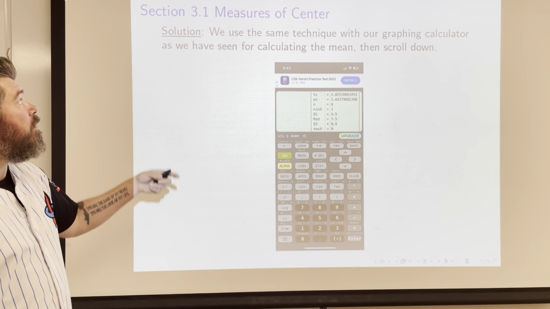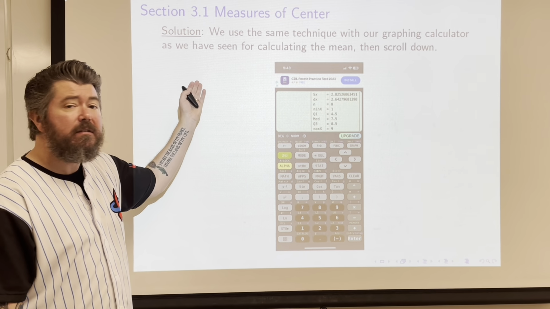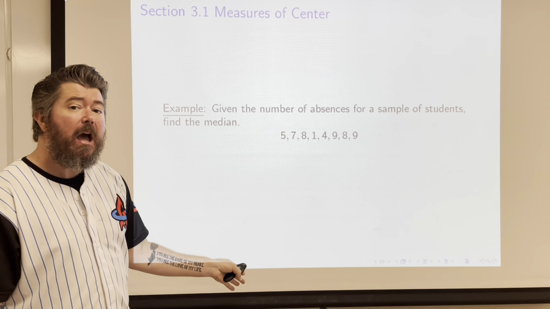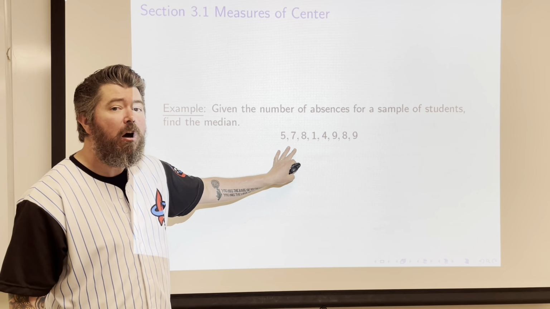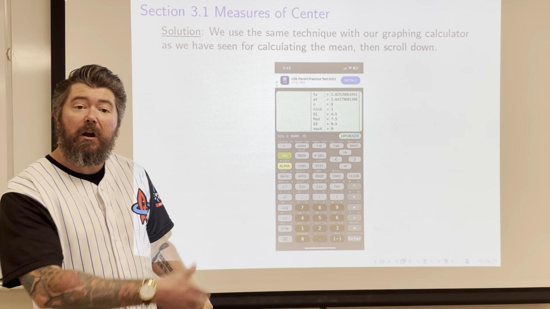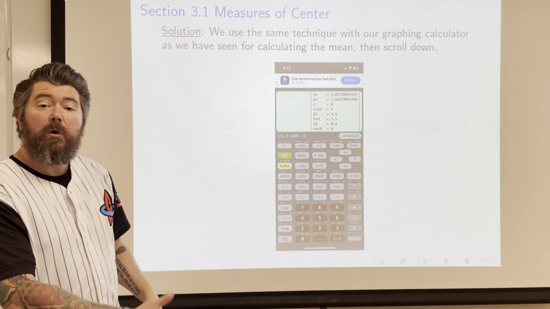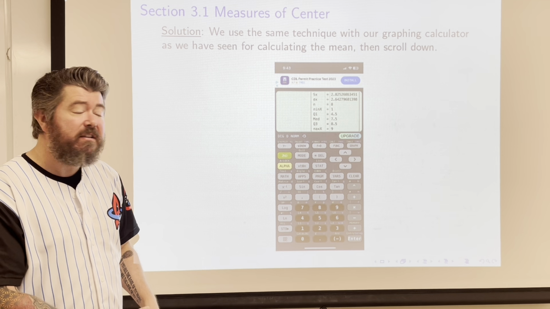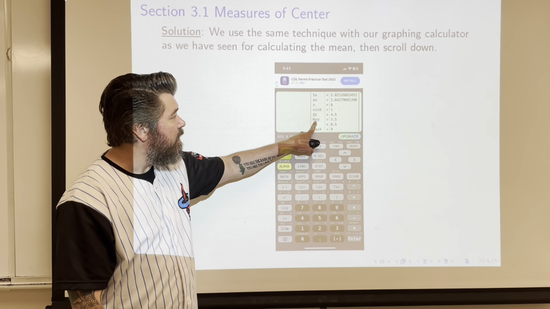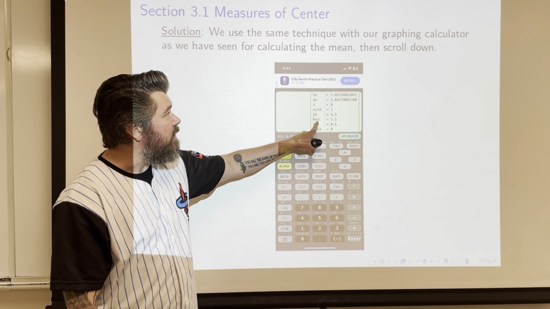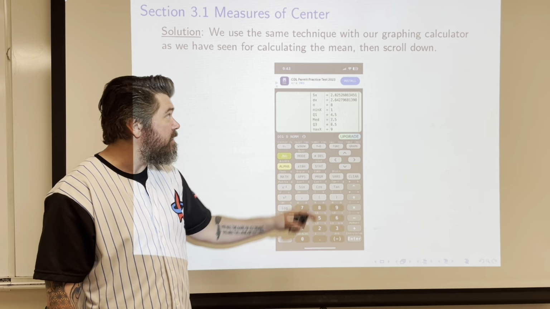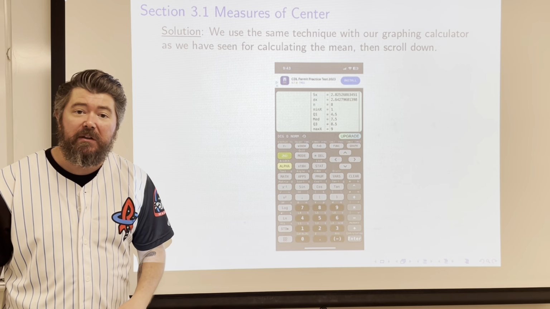So we're going to go through the same techniques and input our data values into our list L1. We're not going to have an L2 column in this case because this is not weighted. We're going to calculate our 1-Var Stats, and if you scroll down, you'll see MED, which stands for median, and we see that the median of this data set is 7.5.